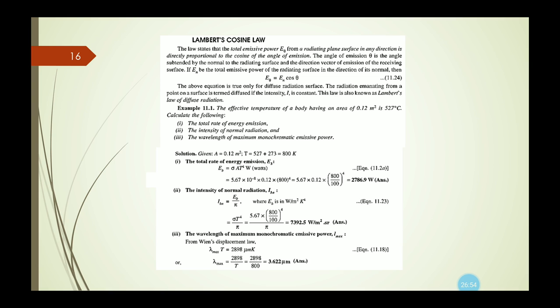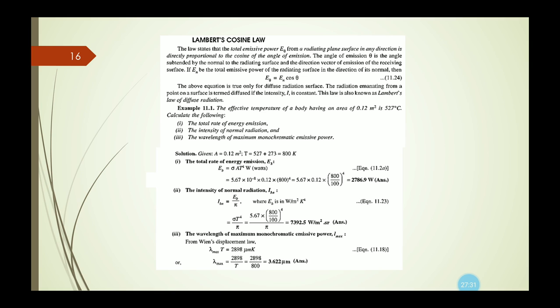So till now we have discussed the concept of radiation, thermal radiation, electromagnetic waves, then different surface emission parameters like emissive power, emissivity, intensity of radiation, radiosity, all these things. Next, different types of body like black body, grey body, white body, opaque body, and the relation among absorptivity, reflectivity, transmissivity, all these things we have seen.